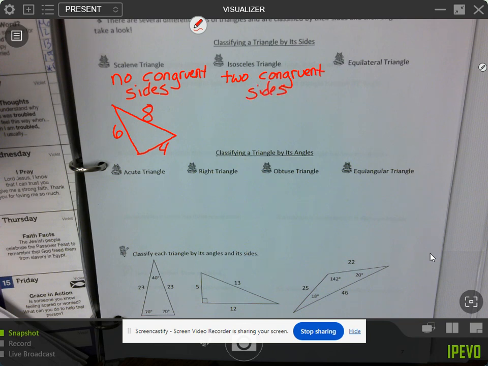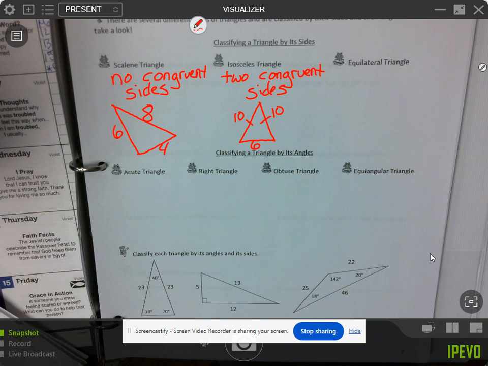So when we look at our triangle, we're going to see two lines like that. That means they are the same measurement. So if we see measurements, it might be that's a 10, so that must be a 10. And then the bottom is going to be a different measurement. Two sides are the same measurement, one side is different. Okay, scalene, no same measurements. Isosceles, two sides are the same.